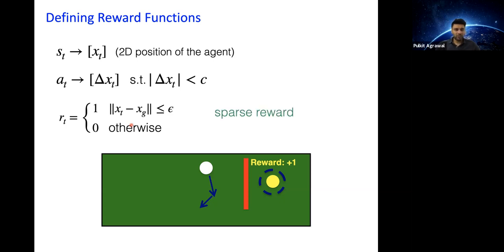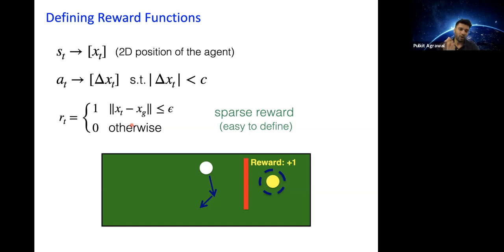Now, let's see what's going to happen in the sparse reward setup. One thing is that the sparse reward is actually easy to define, because I can just say, if you complete the task, the reward is +1, otherwise it is 0.